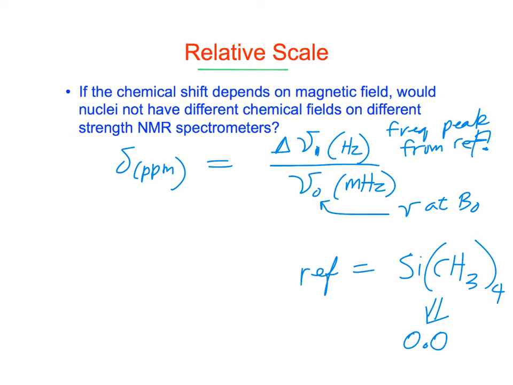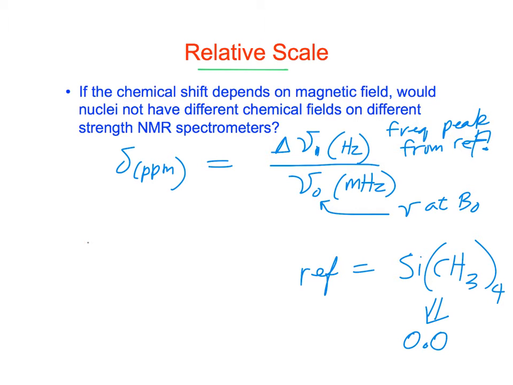Yeah, so we don't always add TMS to our samples to adjust the chemical shift. What we typically use is what's called the residual solvent. What is the residual solvent? It's the part of the deuterated solvent that we use that isn't deuterated.